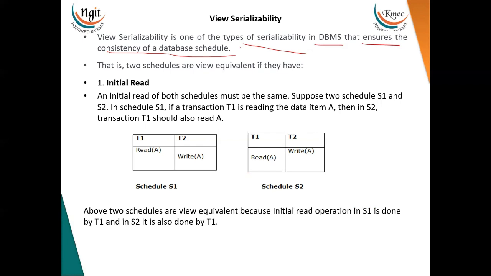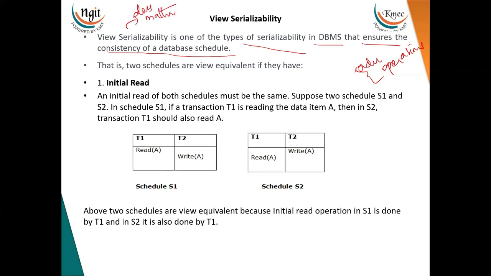Both conflict serializability and view serializability ensure consistency of database in the schedule. The difference between view and conflict serializability is that conflict serializability matters about the order of operations made by the different transactions, whereas in case of view serializability, it does not matter about the order.